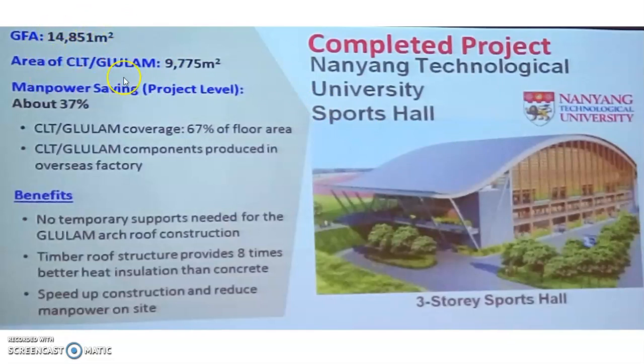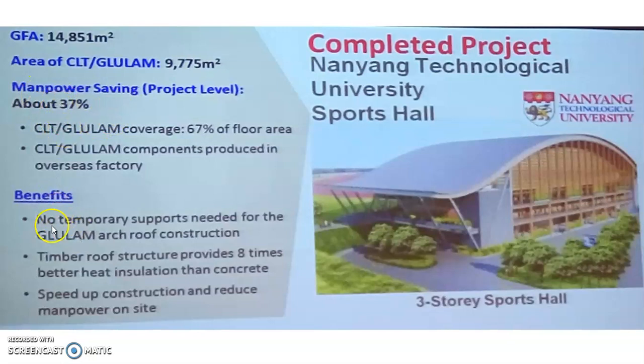The area where the mass engineered timber was used is around 9,775 square meters. The remaining areas actually use a combination of reinforced concrete, for the ground foundations, and a little bit of structural steel. So in terms of manpower savings, around 37%.